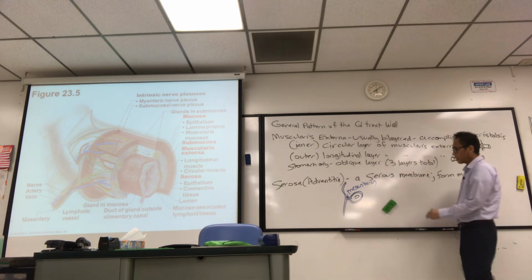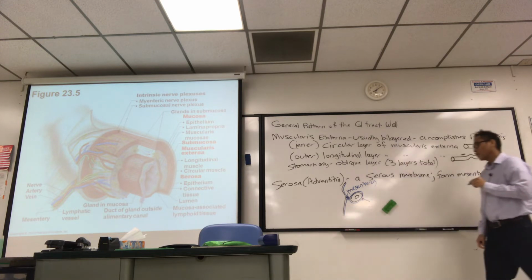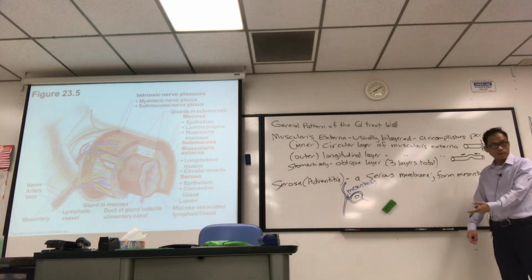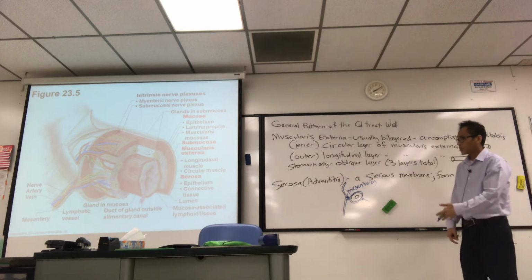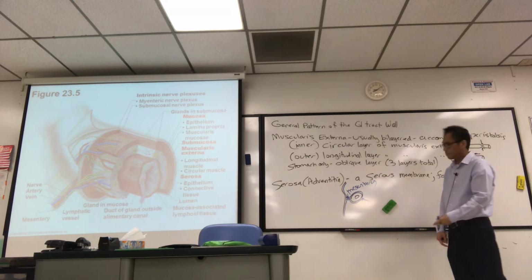The part that wraps around the organ is called the visceral peritoneum. It's a serosa, but we can also refer to it as the visceral peritoneum.